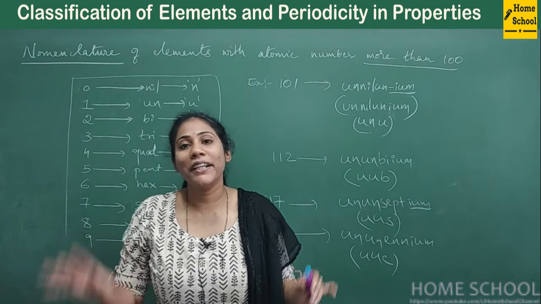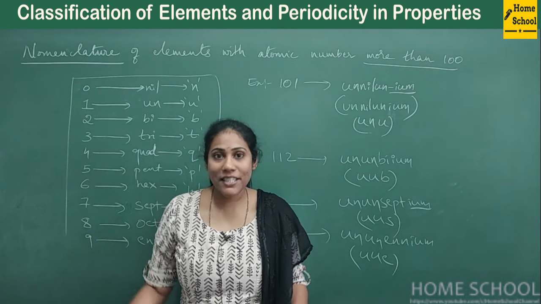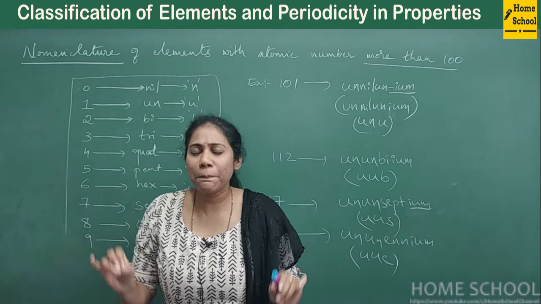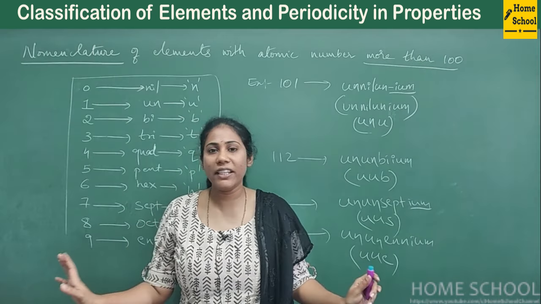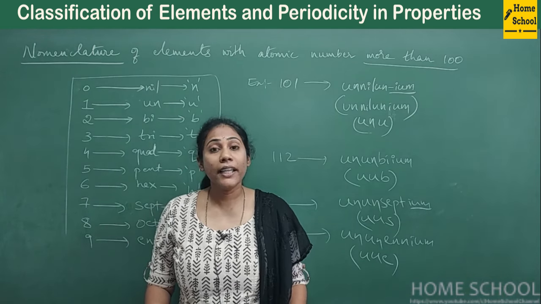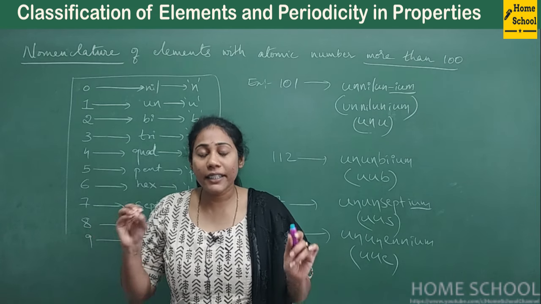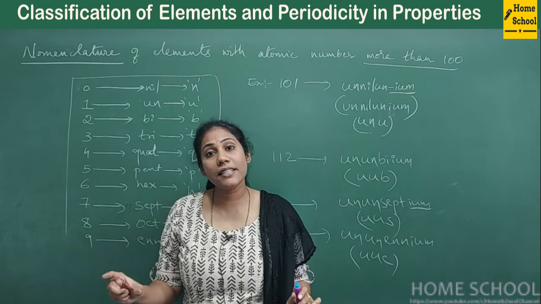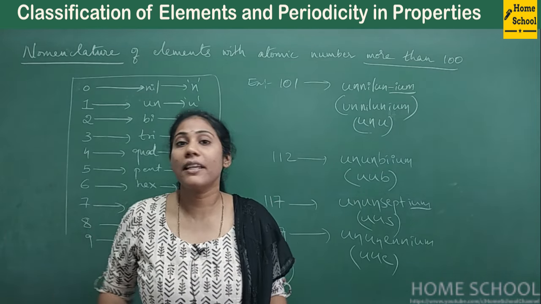So hope you enjoyed today's video, and in my next video I will come up with periodic properties. Very important to understand, not only for scoring marks, it is very important to understand the rest of the chapters in chemistry.